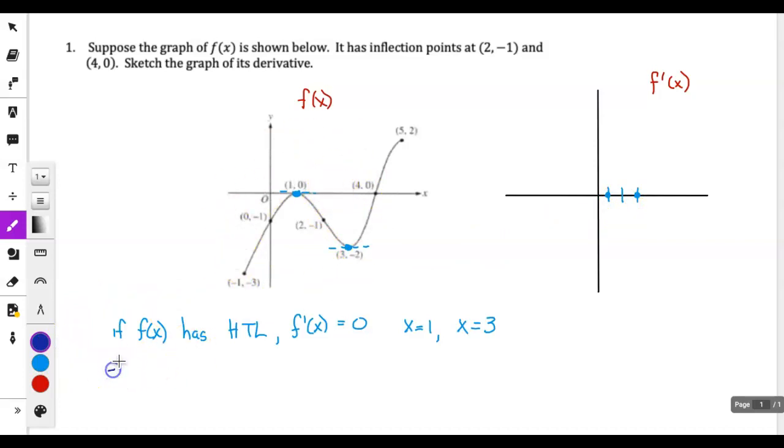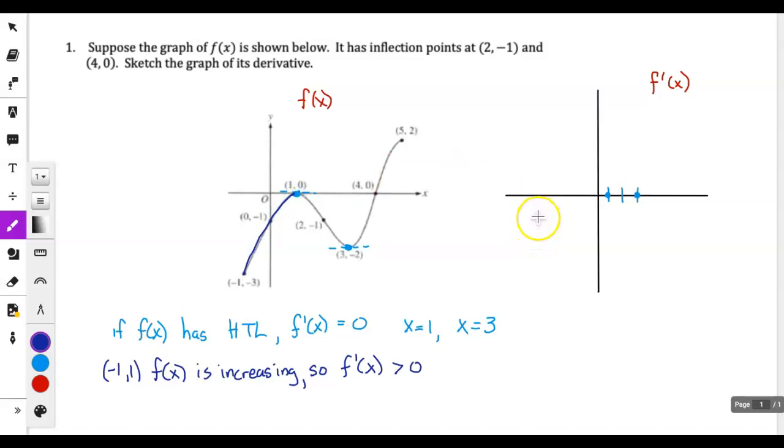From -1 until 1, f of x is increasing, so the derivative is positive. So on the interval -1 to 1, the graph of the derivative needs to be above the x-axis because the original is increasing on that interval. So then the derivative graph needs to be positive.